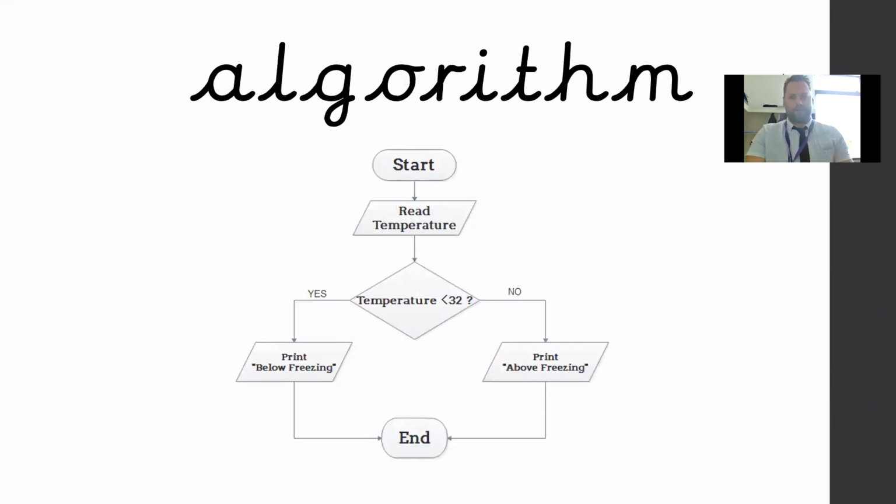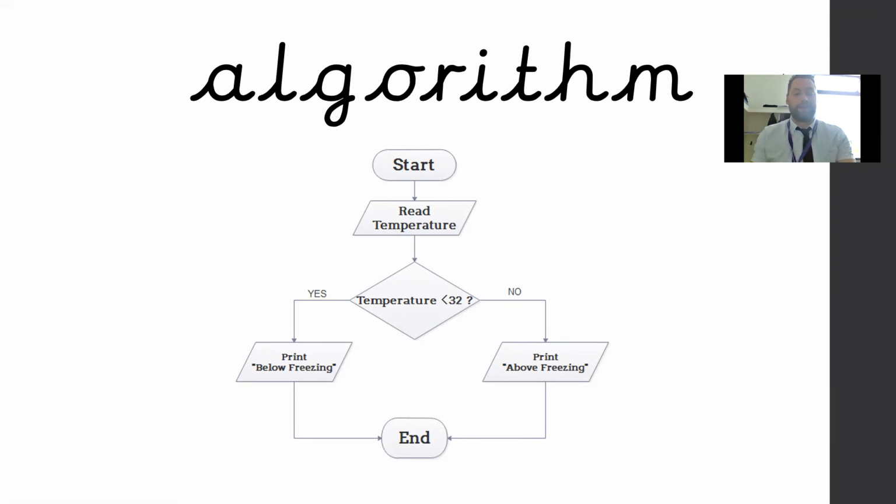Algorithm. Now this is quite a hard word to say. Algorithm. It's a set of rules that a computer follows before it gets to its output. The best way to describe it is in a flow diagram. So here we've got read the temperature. We may put in a temperature into the computer. The computer then has to decide whether it is above a certain degree or below.